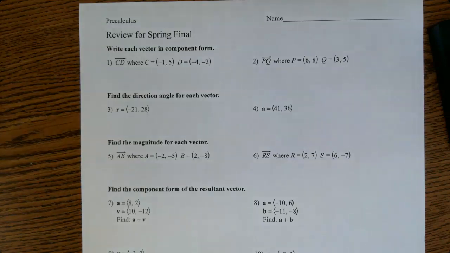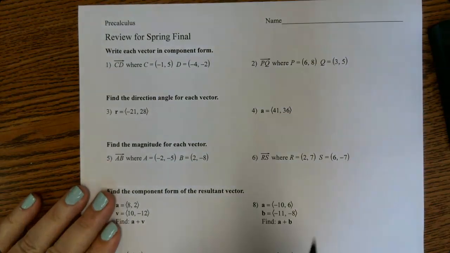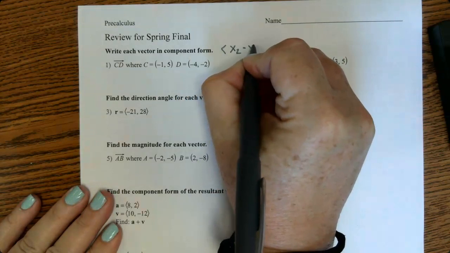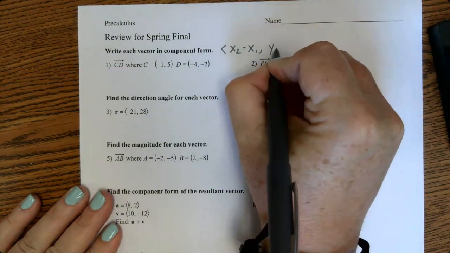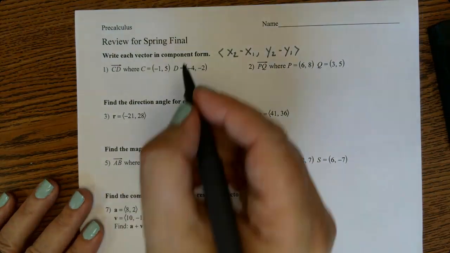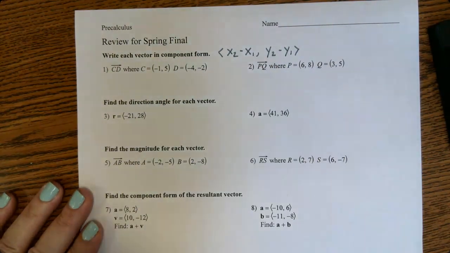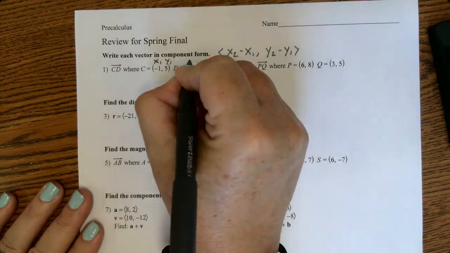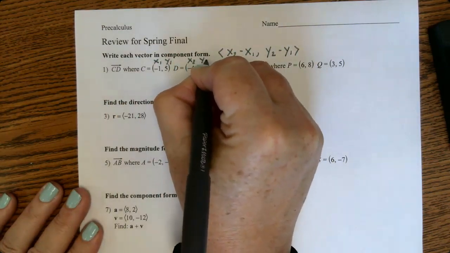Okay, so component form. The formula for component form is x2 minus x1, y2 minus y1. Yes, you'll be given all the formulas. So x1, y1, x2, y2.